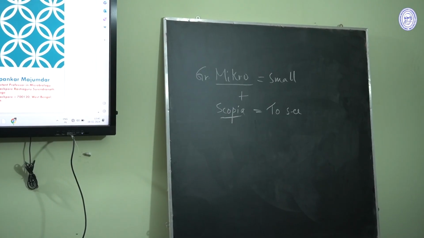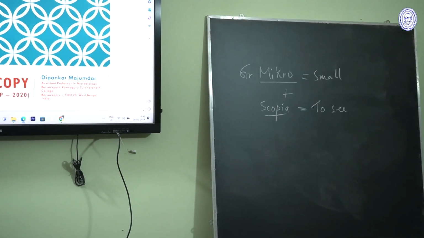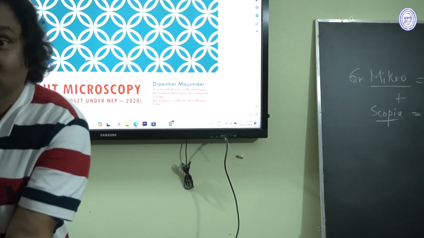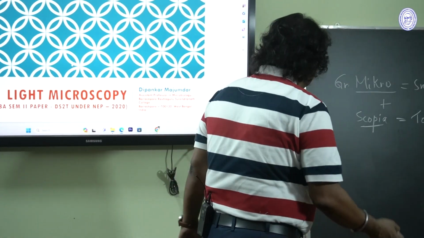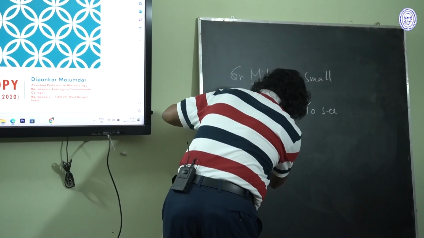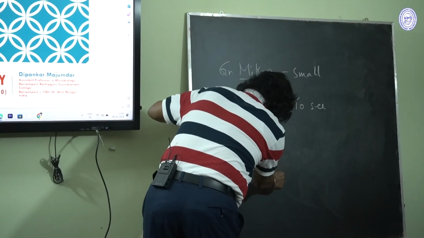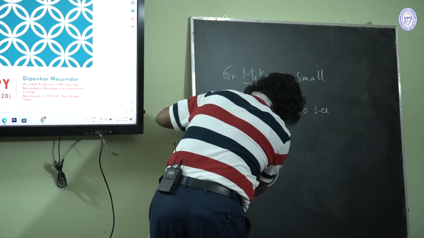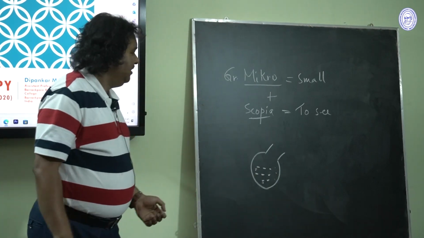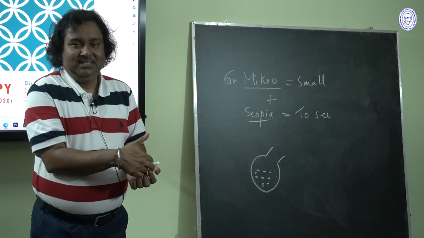Ancient Greek people were aware of the use of glass, and they used glass filled with water to magnify objects.